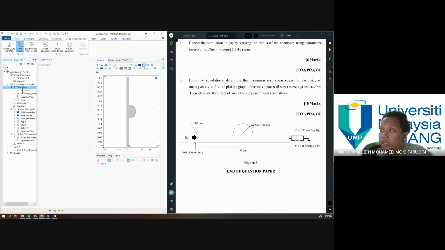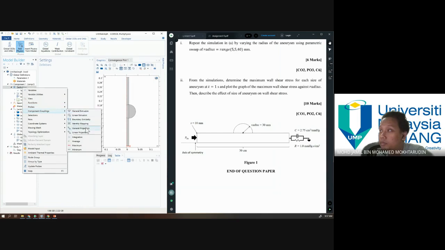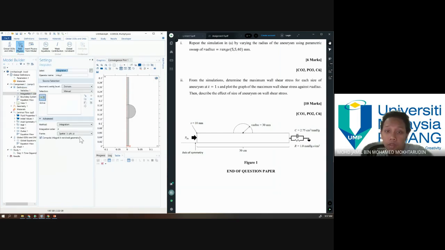So we need first integration. So integration coupling. And then integrate boundary. And then uncheck compute integral.